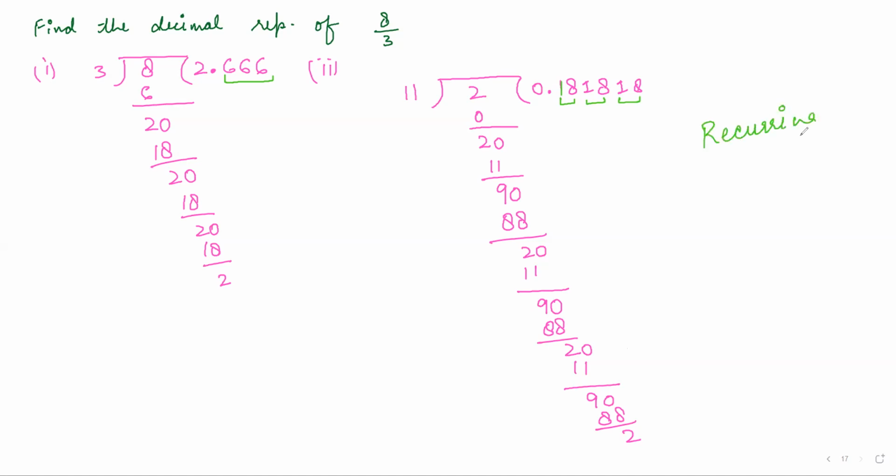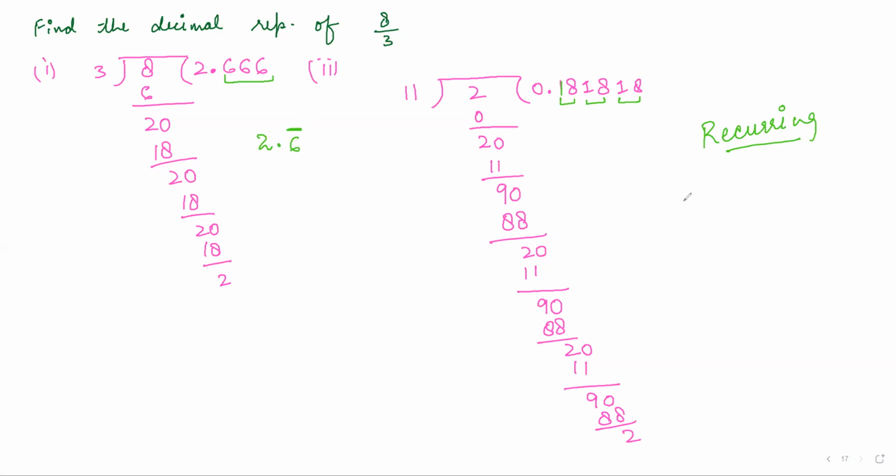That something is occurring again and again, reoccurring. Understood? So this is actually written like this, 2.6 with a bar. We put a bar over 6. That means this 6 keeps on recurring, repeating.